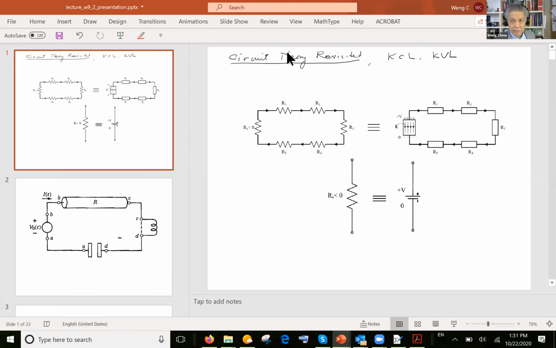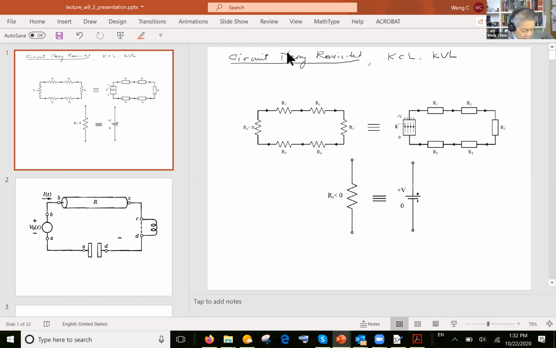The reason why we want to visit it again is that you can think of circuit theory as coming from Maxwell's equations, but they're a lot more useful compared to Maxwell's equations because they're very simple. They're very simple to solve and also very easy to model things with circuit theory.